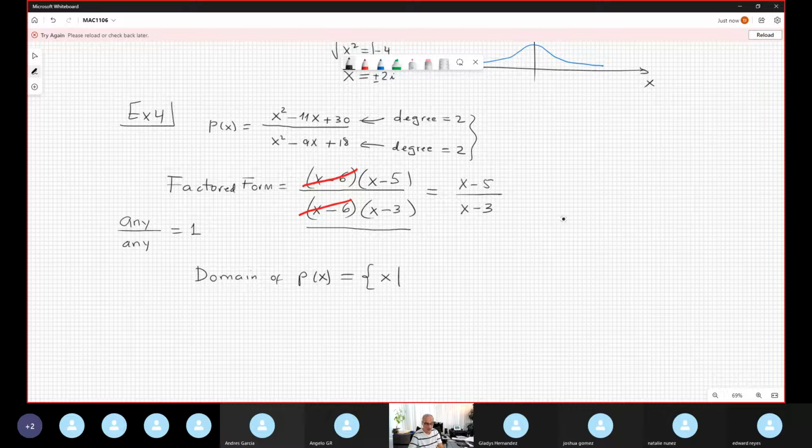I want to explain in detail that part. So basically, it's not 6 and not 3. Okay? I want to visualize graphically.